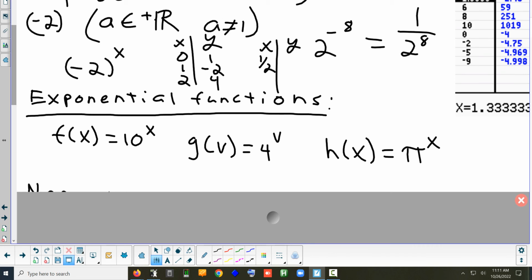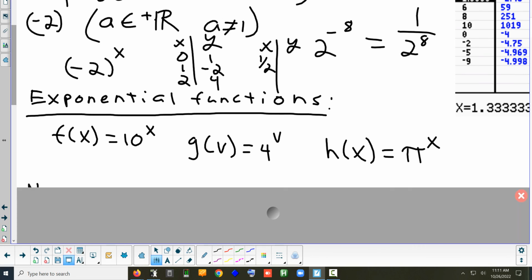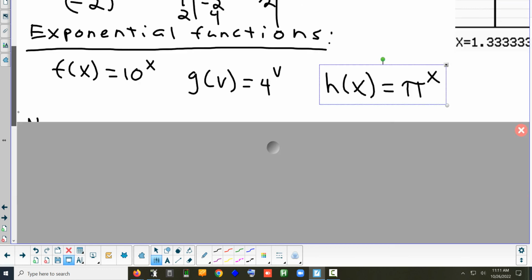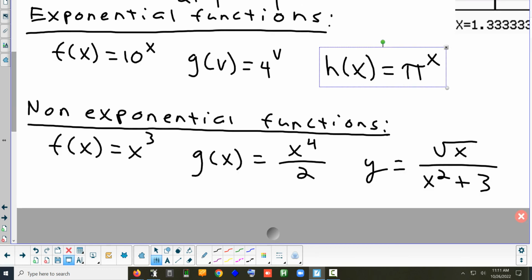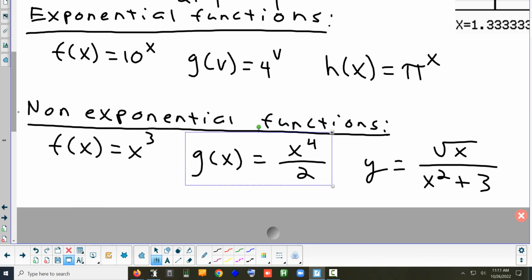So these are all examples of exponential functions. They satisfy the definition of a positive real number for the base, not equal to 1. You can have pi as a base, that's fine. That's a positive real number, and it's not 1. These are all examples of non-exponential functions. The first two are polynomials.